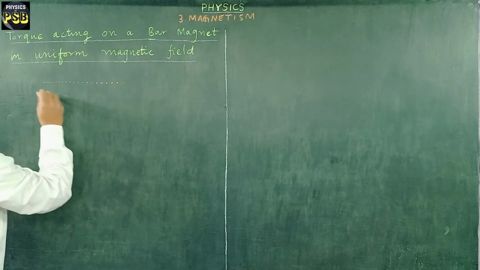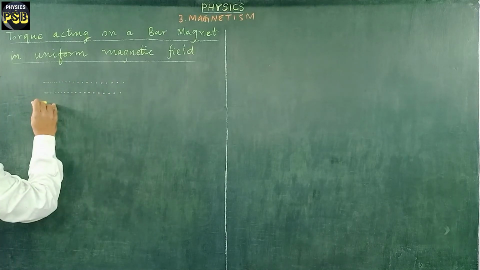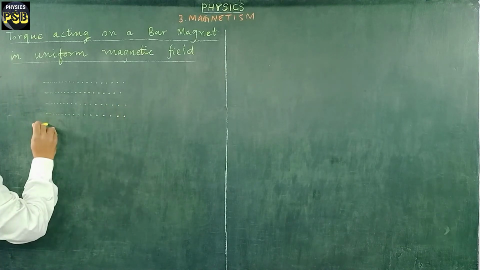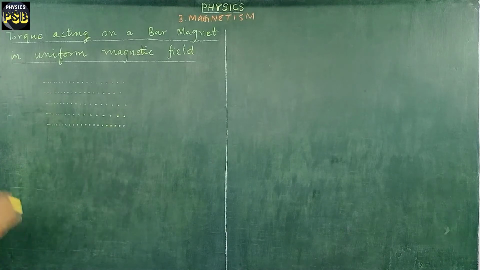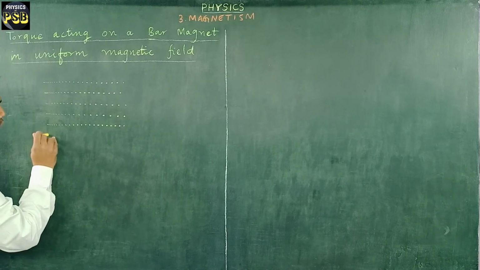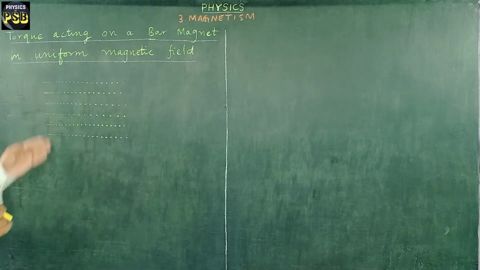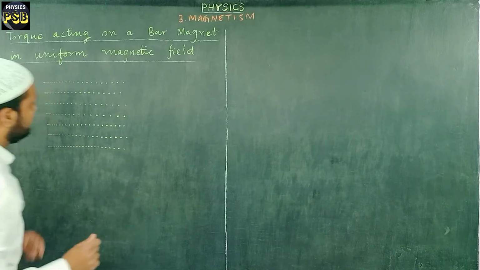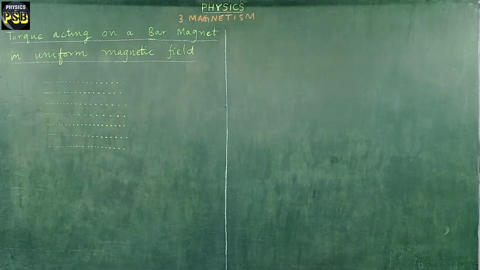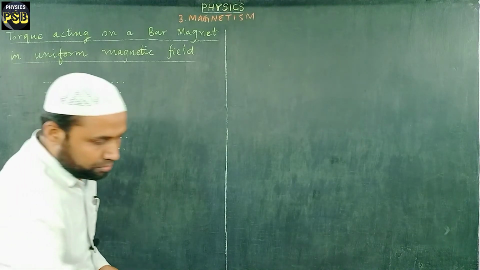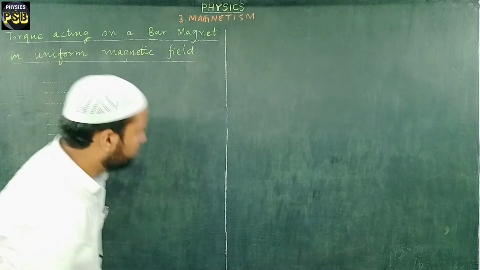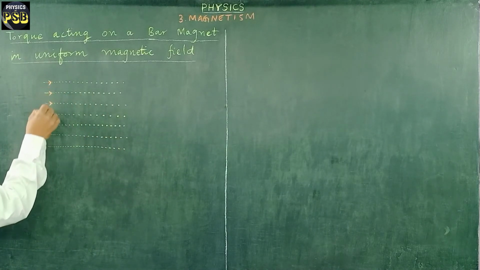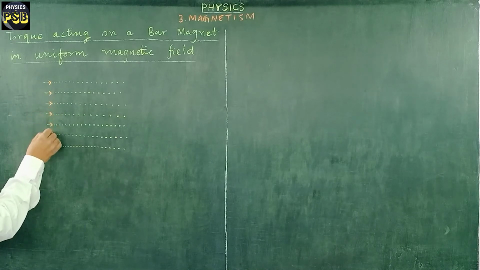a uniform magnetic field. We know a magnetic field in which magnetic field lines are parallel is referred to as a uniform magnetic field. Here, what I have drawn is nothing but a uniform magnetic field, as the magnetic field lines are parallel to each other. Now, this arrow mark represents the direction of the magnetic field.